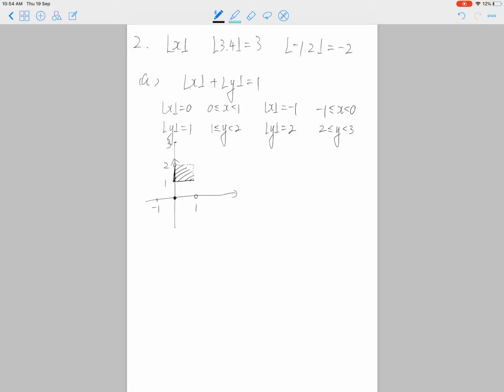So here, y is greater or equal to 2, strictly smaller than 3. And x is greater or equal to negative 1, strictly smaller than 0. So this is the region. So as you can imagine, you can draw the rest, right? It should be this and this, right? It should be these regions.